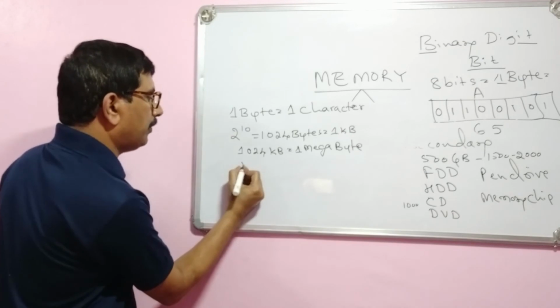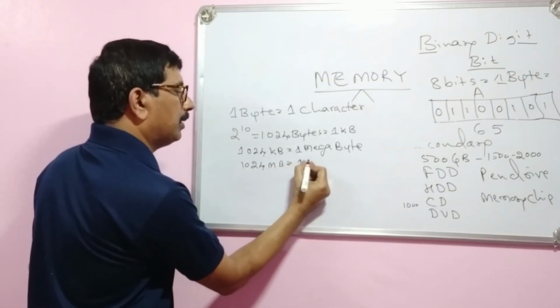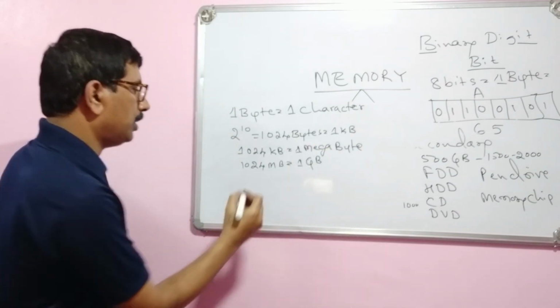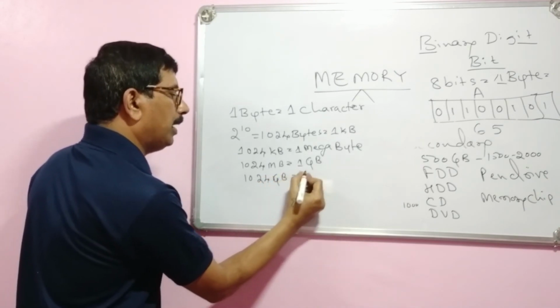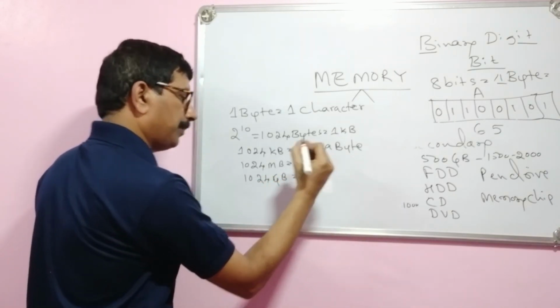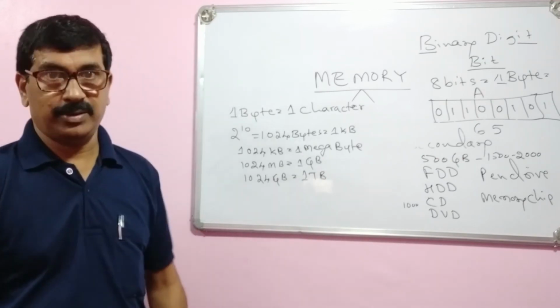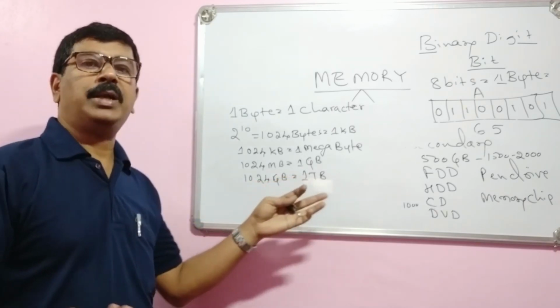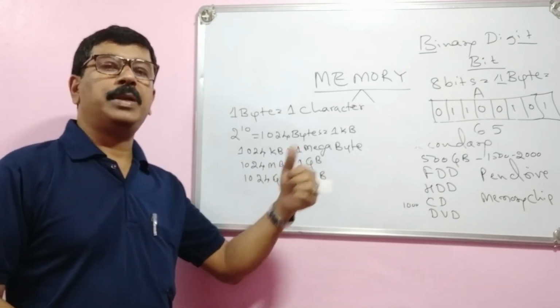And 1024 megabytes will make 1 gigabyte. And 1024 gigabytes will make 1 terabyte, TB. And 1024 TB will make 1 petabyte. So in this way, megabyte, gigabyte and terabyte are used for the measurement of memory.